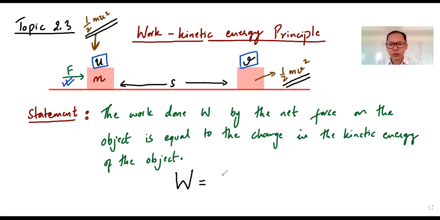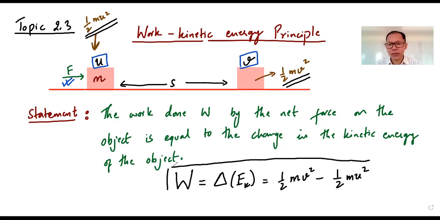So the change in kinetic energy is 1/2 mv squared minus 1/2 mu squared, the final kinetic energy minus the initial kinetic energy. This is the statement of the work kinetic energy principle.